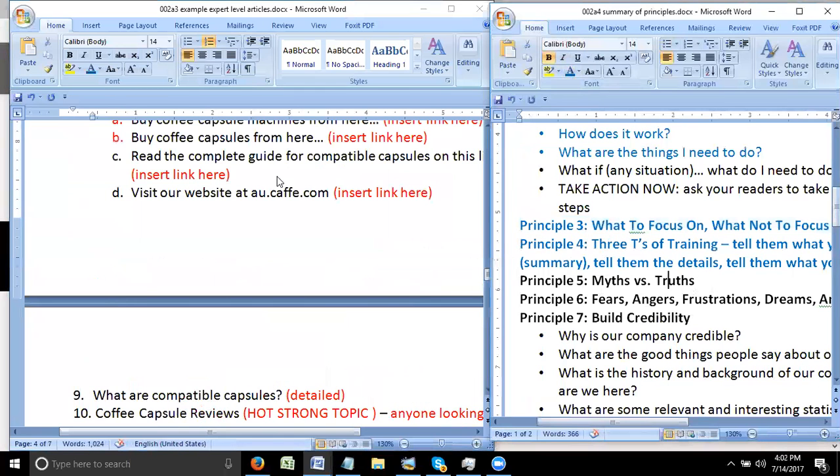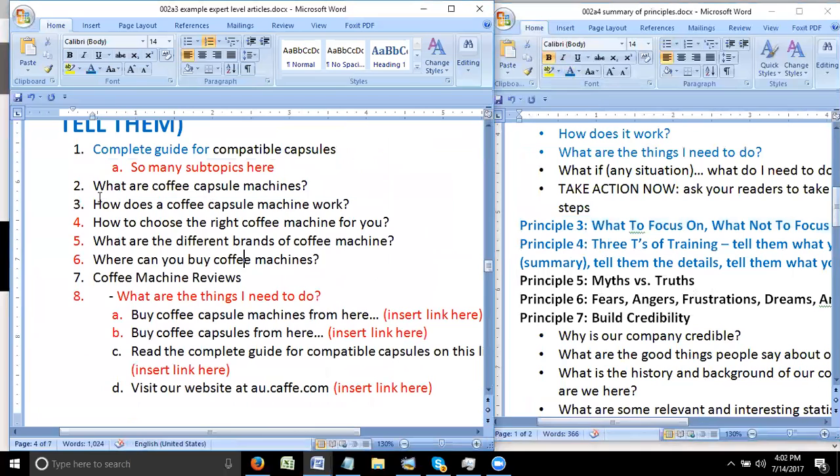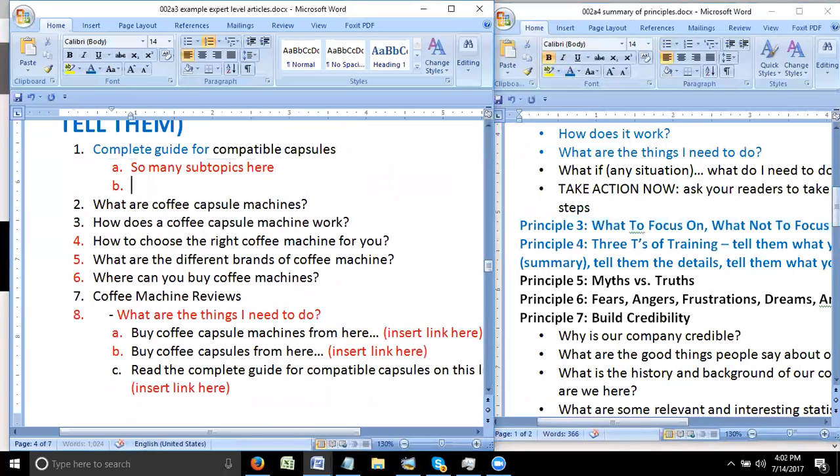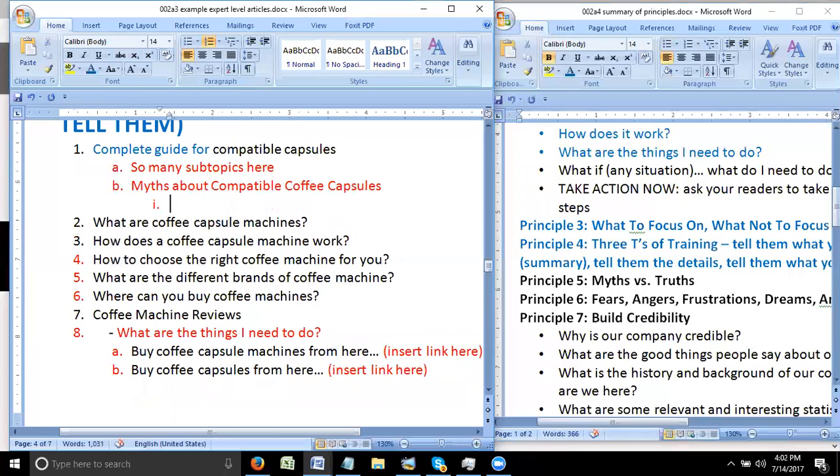So myths versus truths, we can probably add that somewhere here. Myths about compatible coffee capsules. Off the top of my head, one myth, one thing that is not true might be it's lower quality.